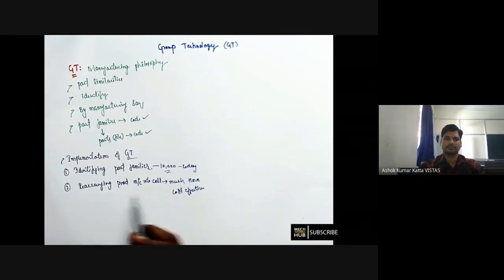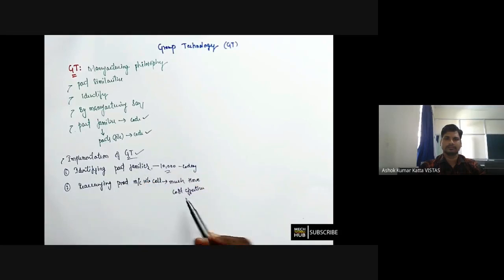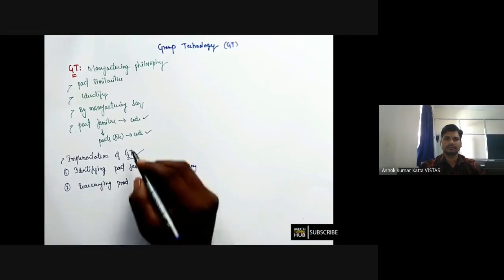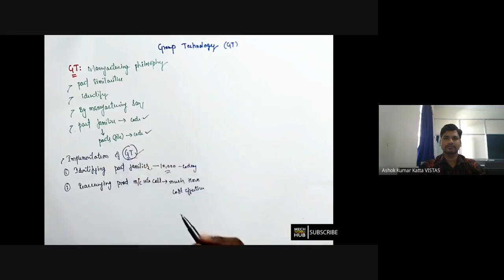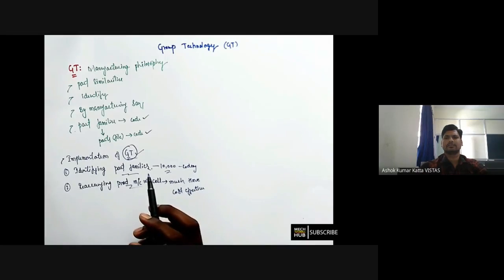So that is the reason most small scale industries will not afford to implement group technology in the firm. The thing is time and cost effectiveness. Still we can implement it, but it costs more.